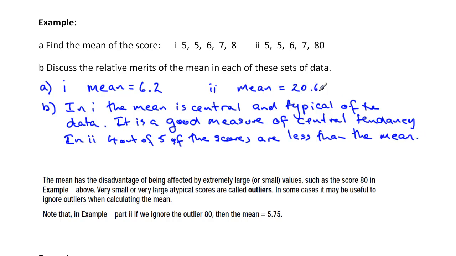So the mean is 20.6 and 4 of those scores are less than it. So we can say it is not a central value.